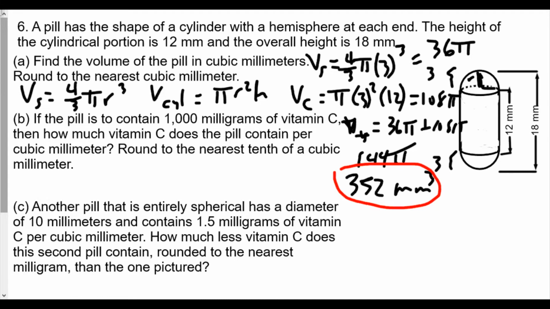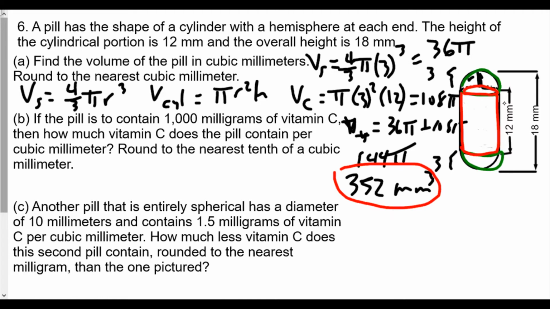The cylinder part came out to be 108 pi. Together that was 144 pi, which rounded to the nearest cubic millimeter was 452 millimeters cubed.